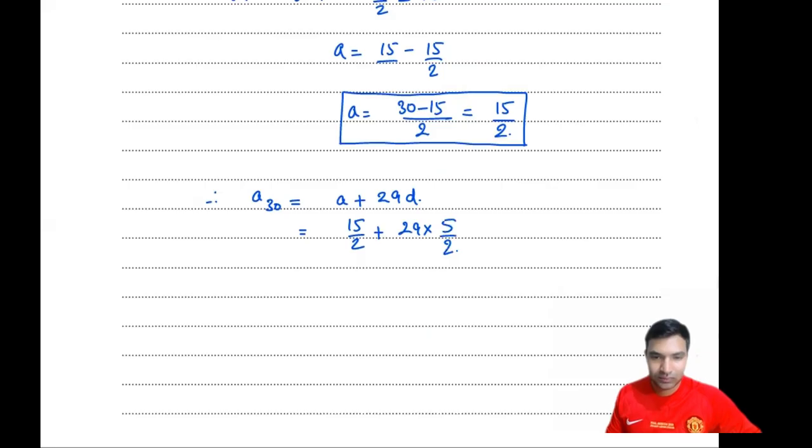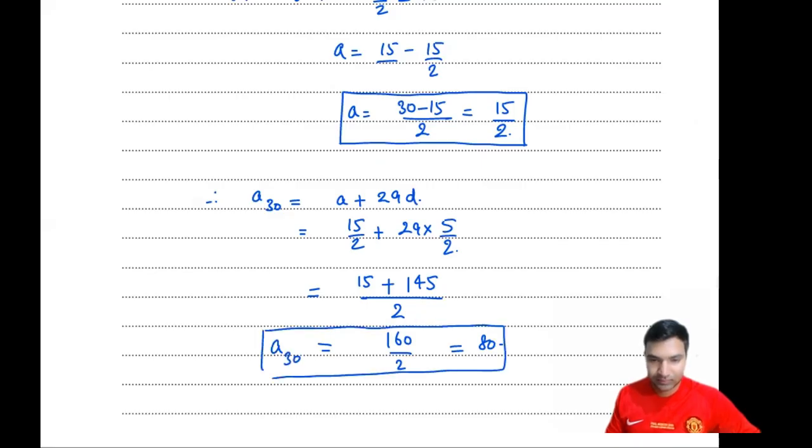This simply gets added: 15 plus 29 times 5. 30 times 5 is 150, so this becomes 145, and the LCM is 2 itself. So this becomes 160 over 2, which is nothing but 80. So finally we get the 30th term as 80. That's our answer. Basic question.